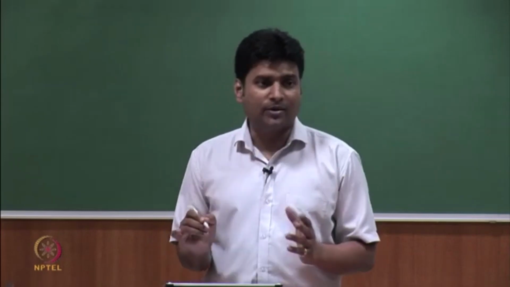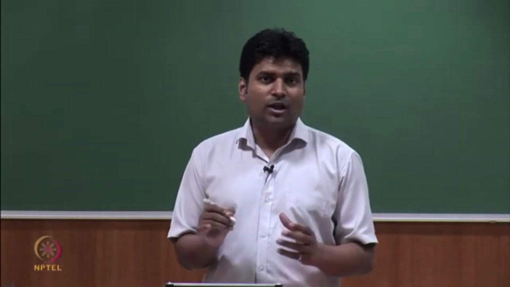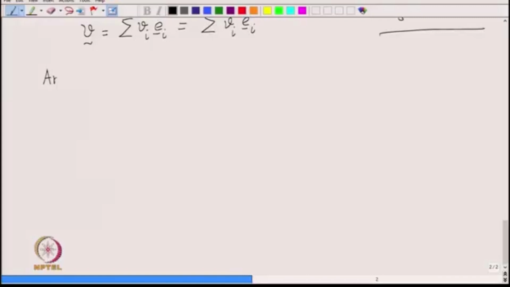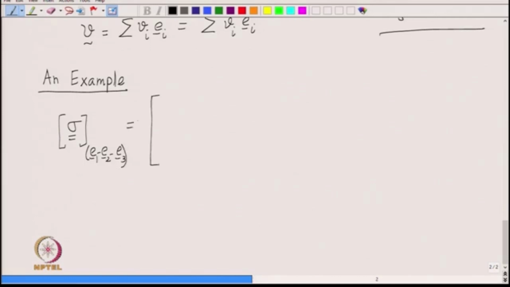Let us work out an example of the stress transformation. So, an example, suppose that the sigma matrix in E1, E2, E3 coordinate system looks as follows.